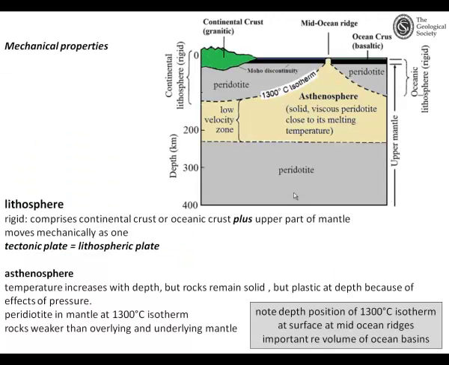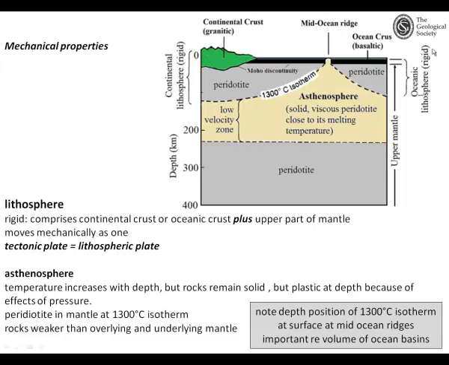If, on the other hand, we're looking at the mechanical properties of the upper part of the Earth's surface, what we want to do here is divide it into two broad divisions: lithosphere, and you can see the term applies to both continental lithosphere and oceanic lithosphere.